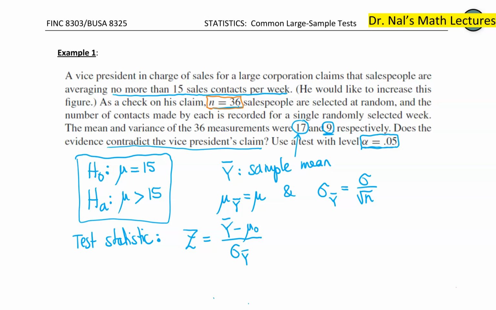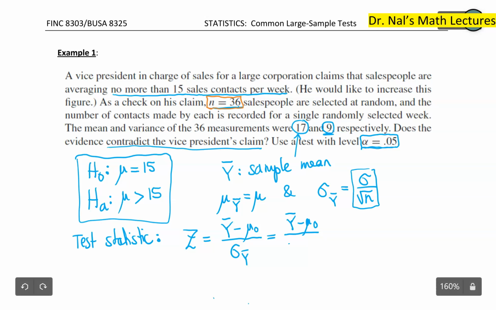This is straightforward, and we can just substitute these numbers into the formula. So this is y bar minus mu 0, and the denominator will be replaced with sigma over square root of n. There you go. So we know our test statistic.